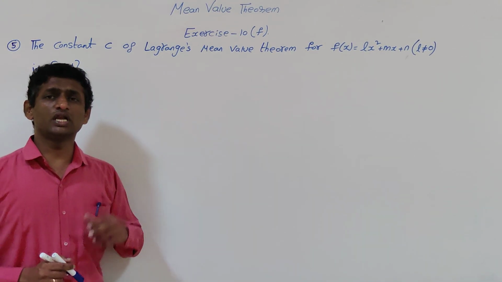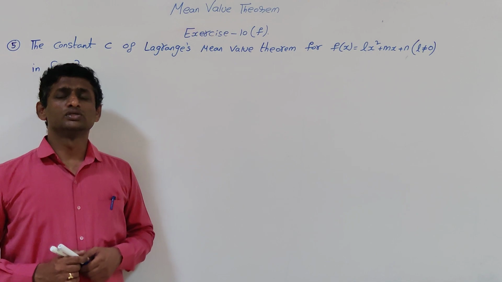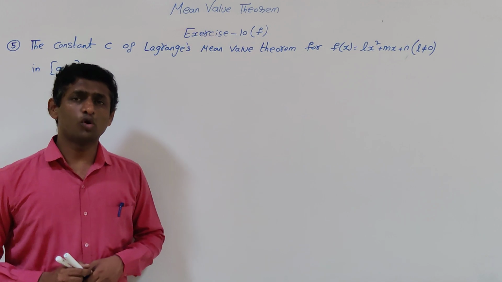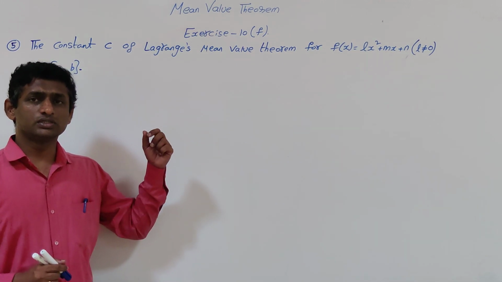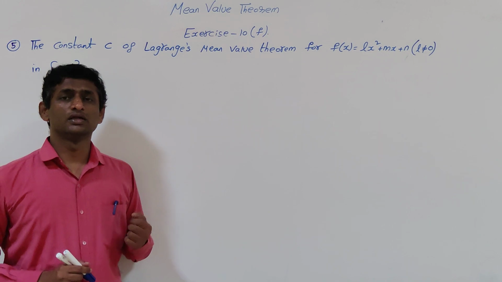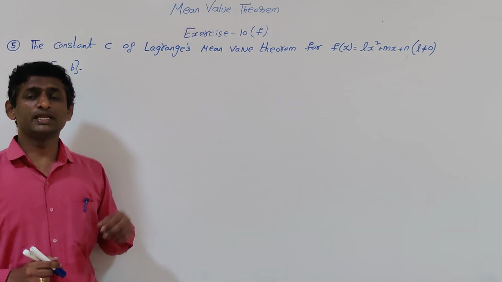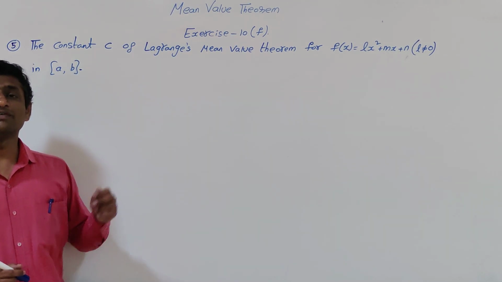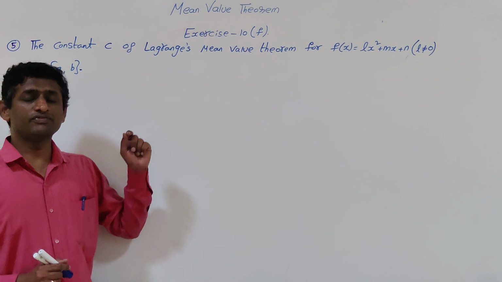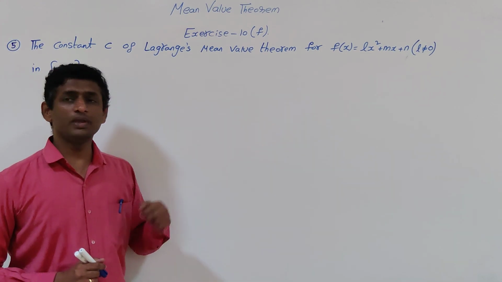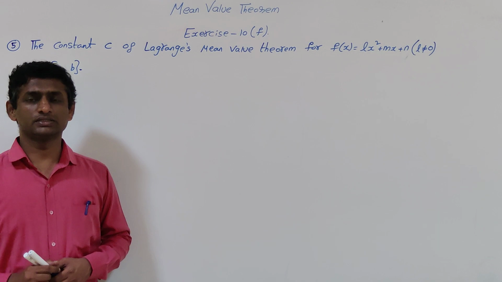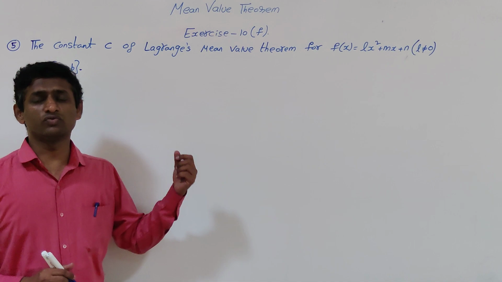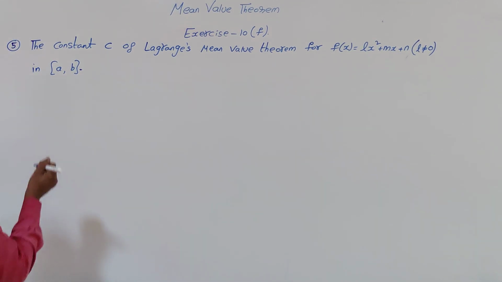So what is the statement of Lagrange's mean value theorem? f of x is continuous in closed interval a comma b and differentiable on open interval a comma b. If it satisfies two conditions, then by Lagrange's mean value theorem there exists a point C belongs to open interval a comma b such that f prime of C or f dash of C is equal to (f of b minus f of a) by (b minus a). Means the two slopes will be equal. So if they are equal, then we have to find out what is the value of C. So we will try to find out the solution.